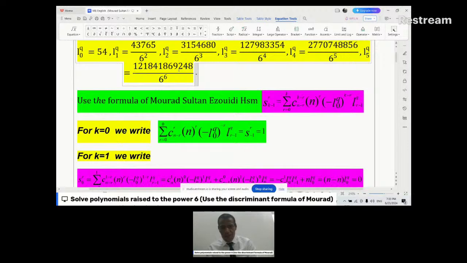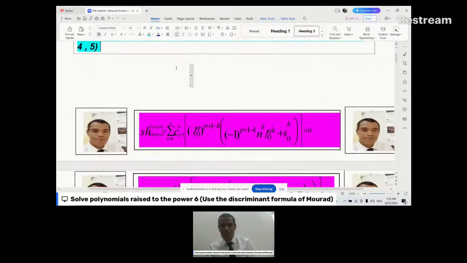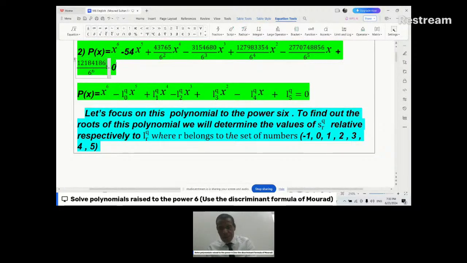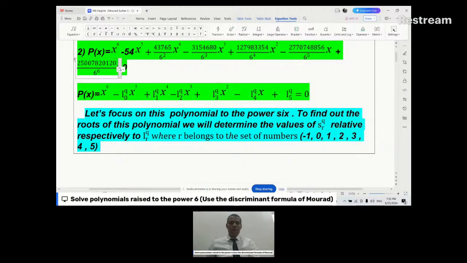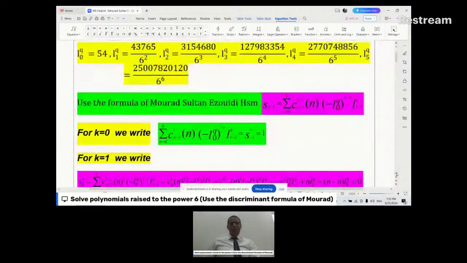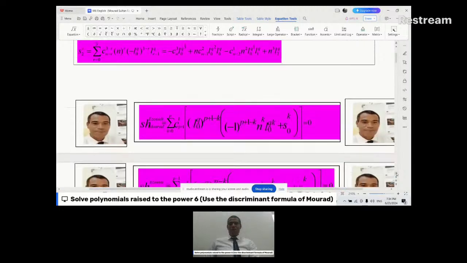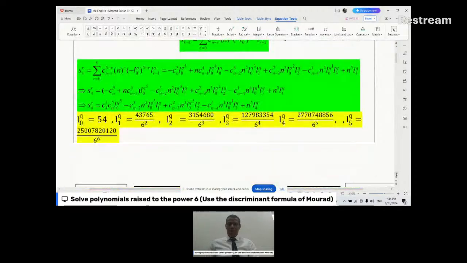And we'll continue grouping the values of SR and writing them into a new polynomial to the power 6, of course using the discriminant formula of Mourad Sultan Ezouidi.